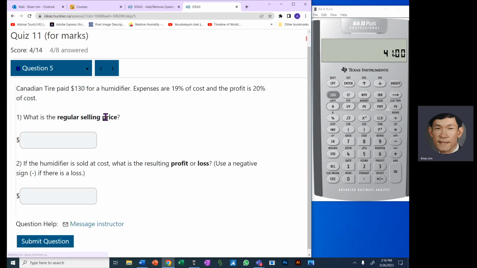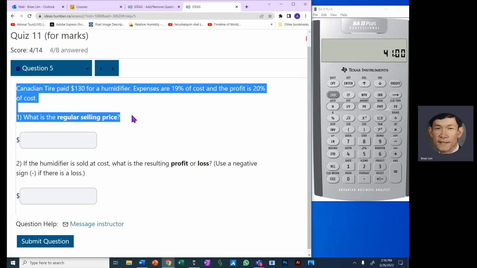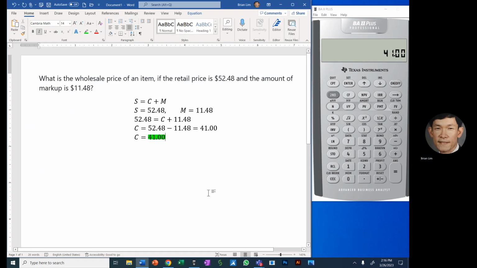All right, the next question. Canadian Tire paid $130 for a humidifier. So that's the cost. Expenses are 19% of cost, and profit is 20% of cost. What is the regular selling price? Okay, so let's begin by copying and pasting.